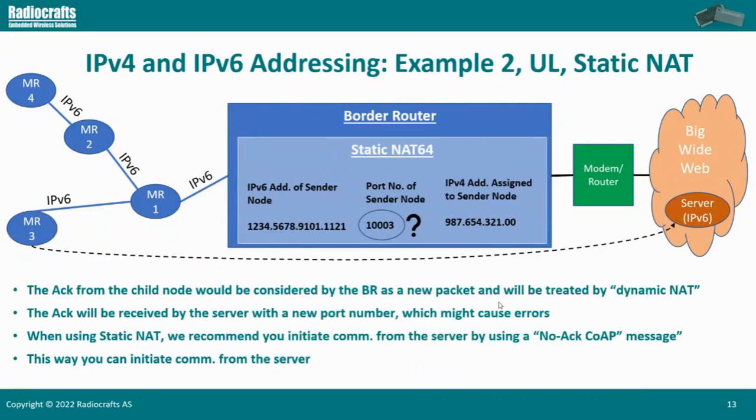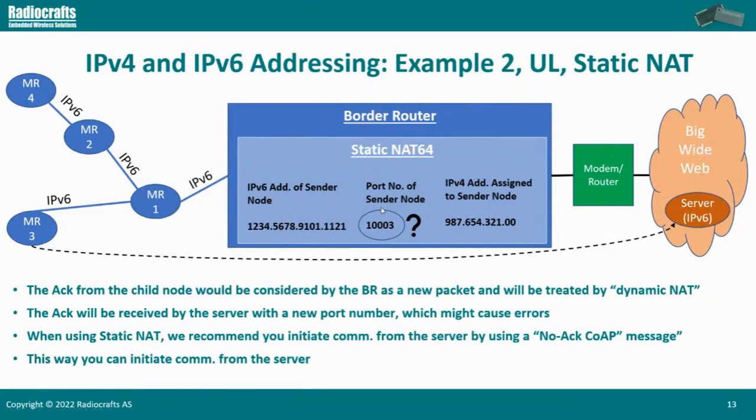All right, but what happens now, still in static, if that mesh node wants to send an acknowledgement back, like if you're using CoAP, which requires acknowledgements. Here, what will happen is that while the mesh router is sending the acknowledgement up to the server, it will go, of course, through the border router, but then it will be routed using dynamic NAT.